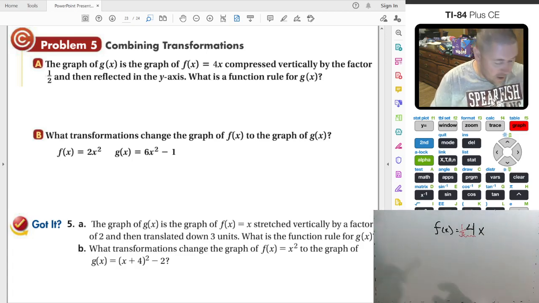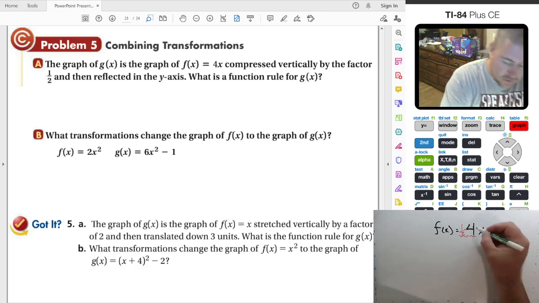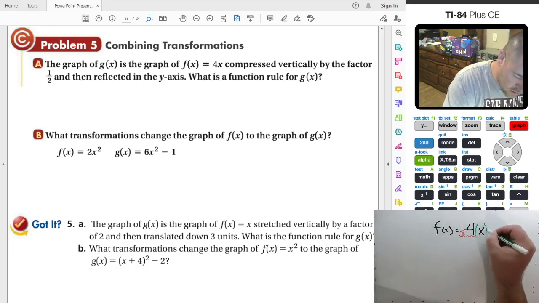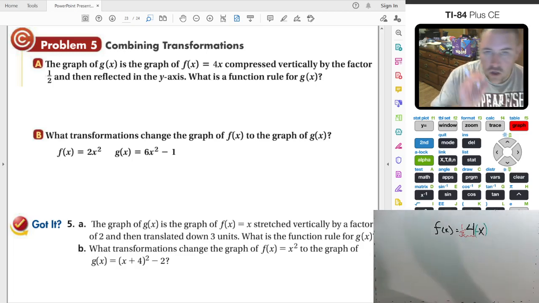Reflection in the y-axis. Go back to your notes. That's in the B spot, grouped with x. So I need a negative just with the x. And then you simplify it.